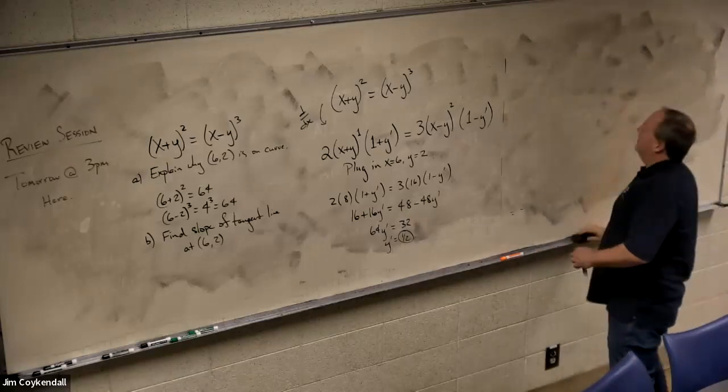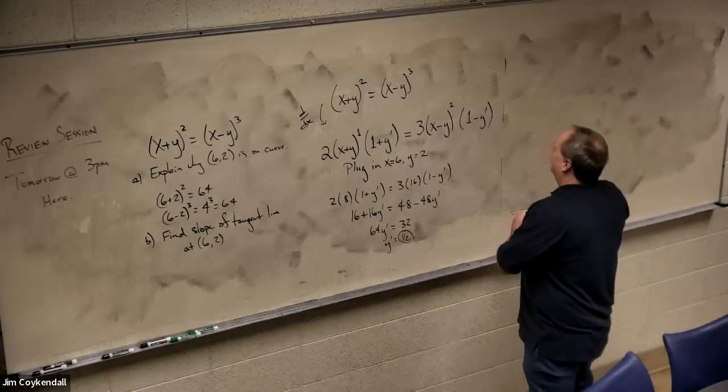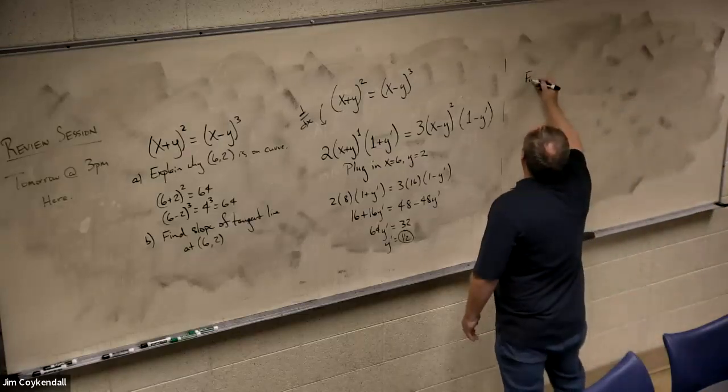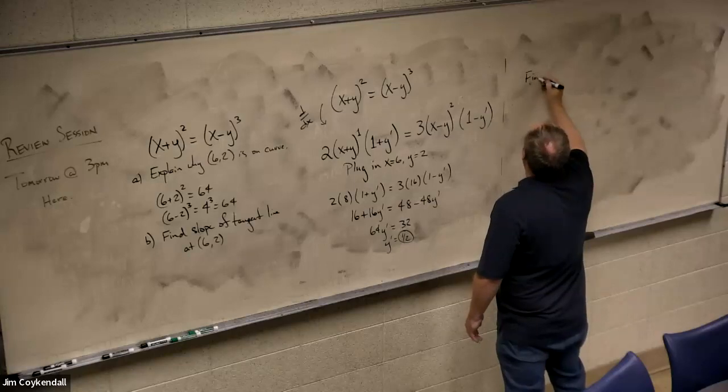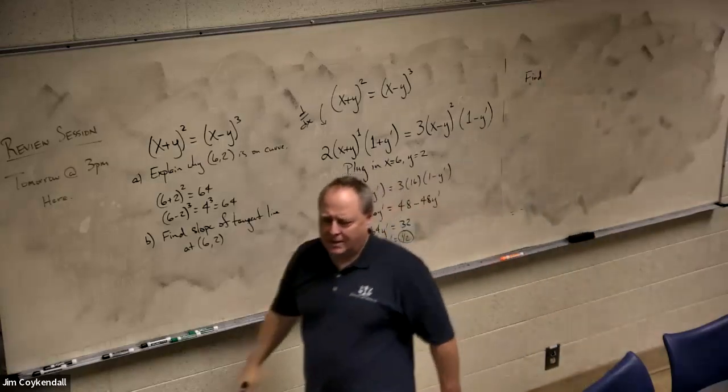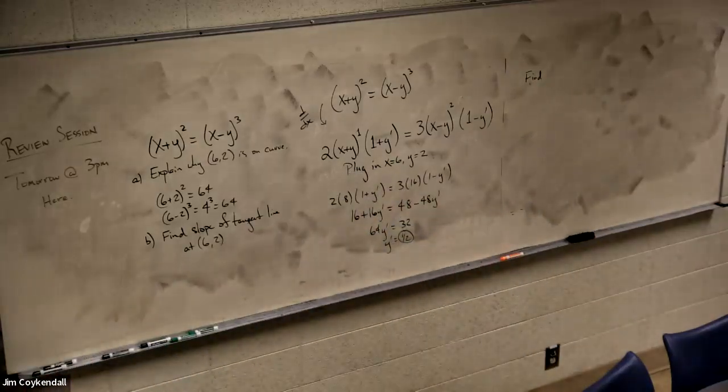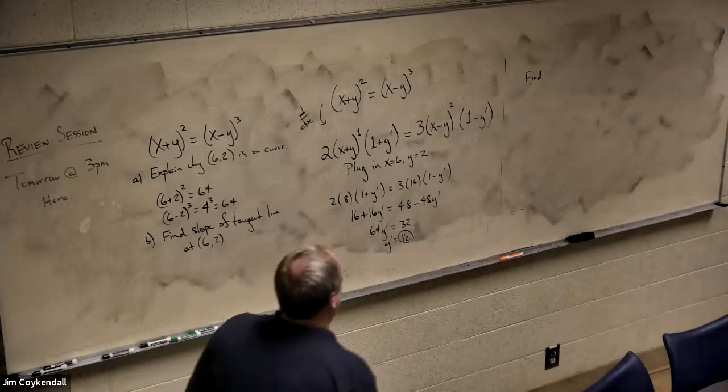It says: find the point on the curve where the tangent line is horizontal. You may ignore (0, 0).